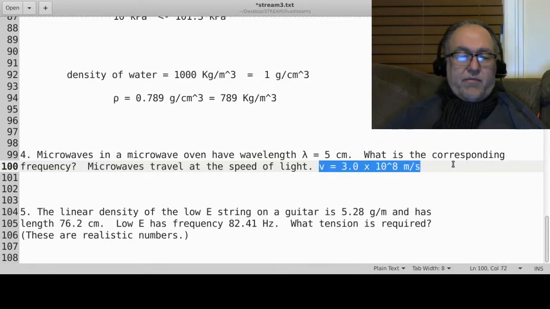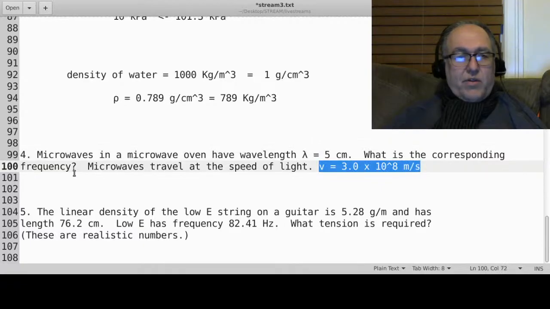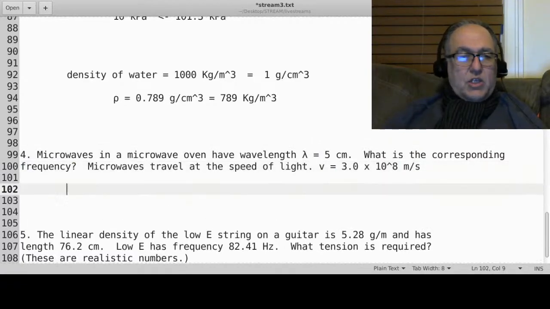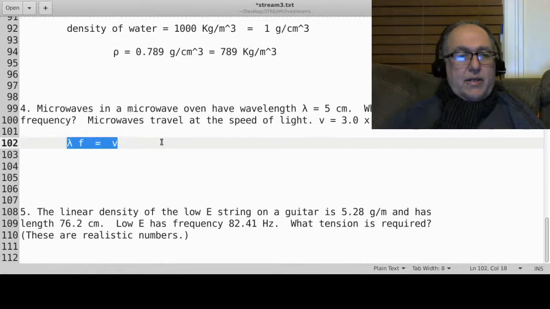Okay, so that's the velocity. Now, I've given you the wavelength, I've given you the velocity, and I'm asking for the frequency. And is there a relationship? There is. So lambda multiplied by the frequency is equal to the velocity.